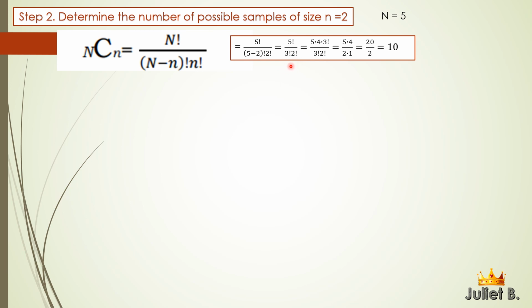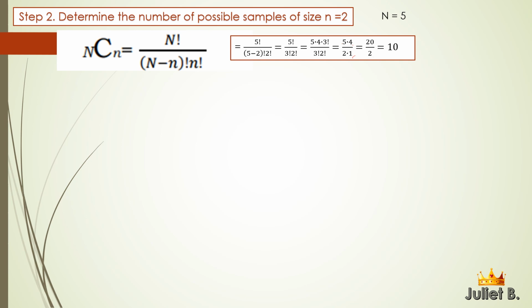So, sa denominator kasi may 3 factorial, kaya para mas madaling mag-simplify, 5 times 4 times 3 factorial. Para 3 factorial and 3 factorial is 1. So, ang matitira dyan, 5 times 4 divided by 2 factorial na 2 times 1. 5 times 4, 20. 2 times 1, 2, equals 10.